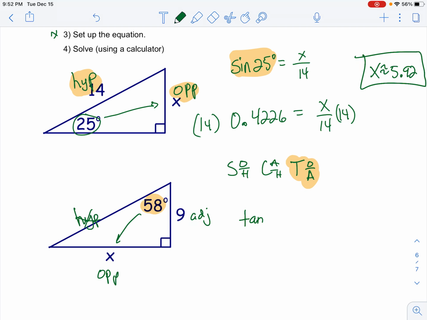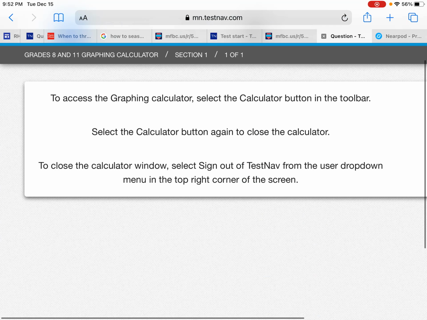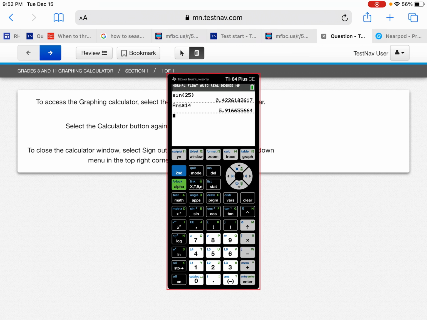So the way I set this up is tangent of 58 degrees. You always do the angle. You're doing the sine, cosine, or tangent of the angle equals opposite over adjacent. So x divided by 9. All right, so then go back to my calculator. Let's see, zoom out.